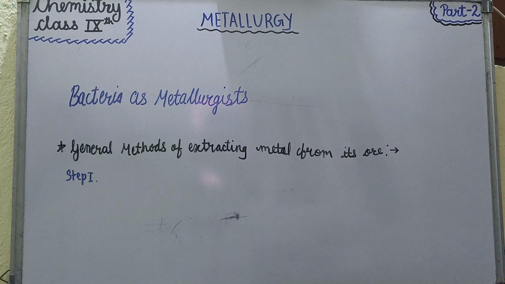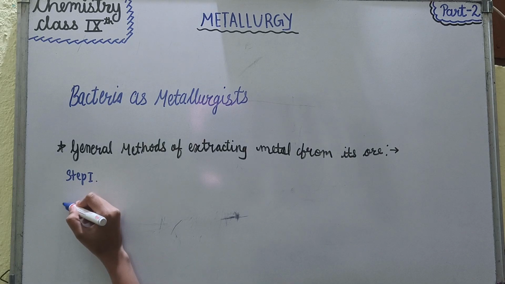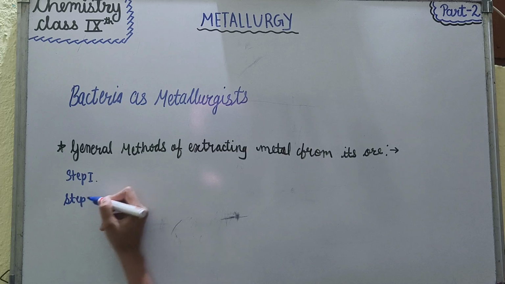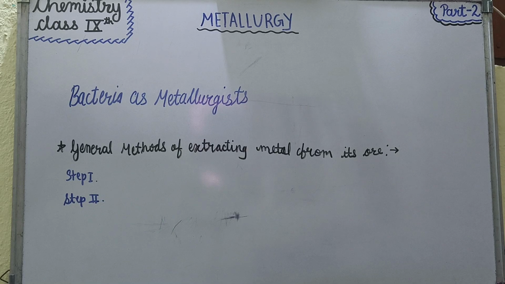Step 2 is change in chemical state of ore. And its two types are conversion of concentrated ore to oxide and reduction of ore to metal. I'll repeat. Step 2 is change in chemical state of ore.